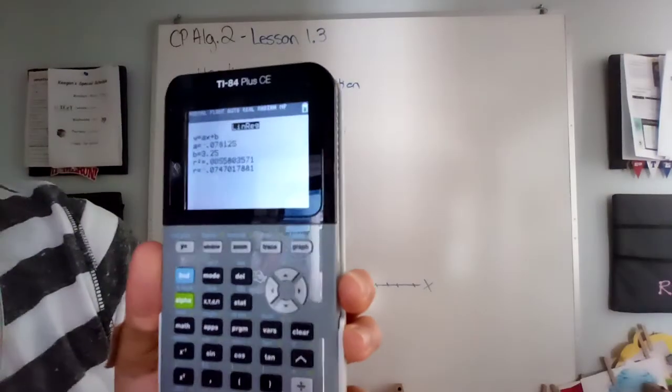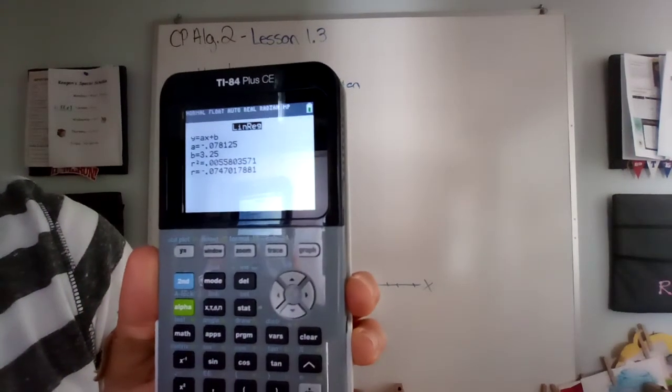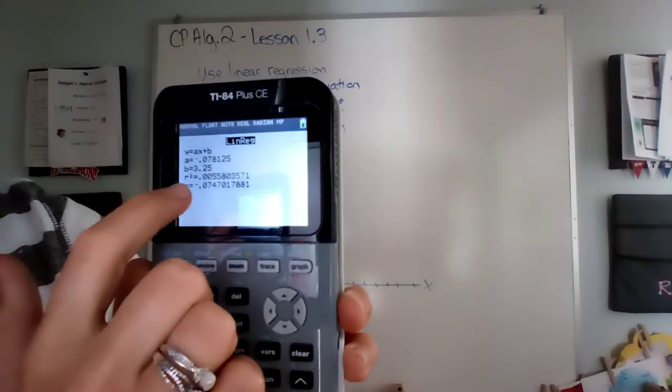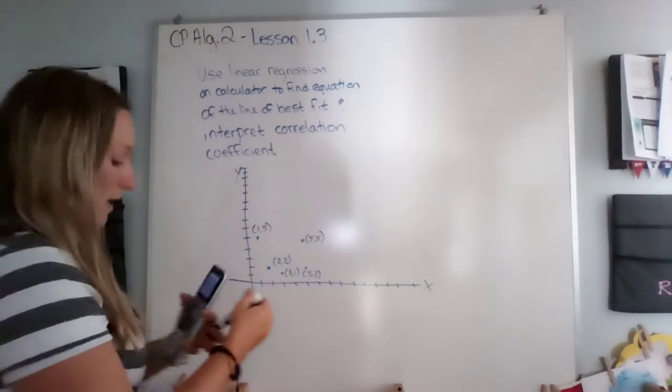It says y equals ax plus b, and they tell you a is negative 0.78125, b is 3.25. We're not going to worry about r squared, just the r value. I'm going to write all that information on my board, and you can do the same on your paper.